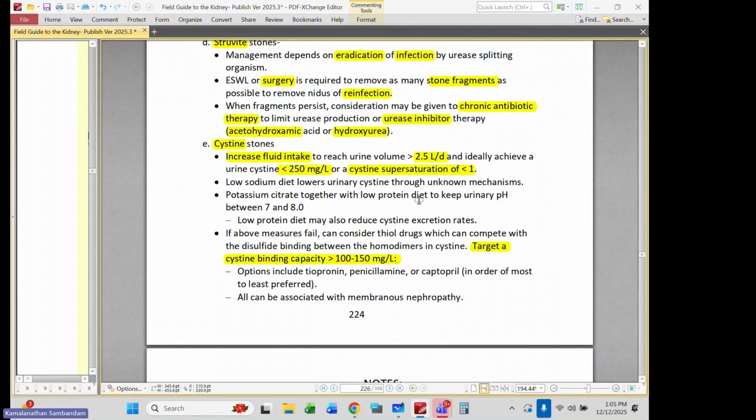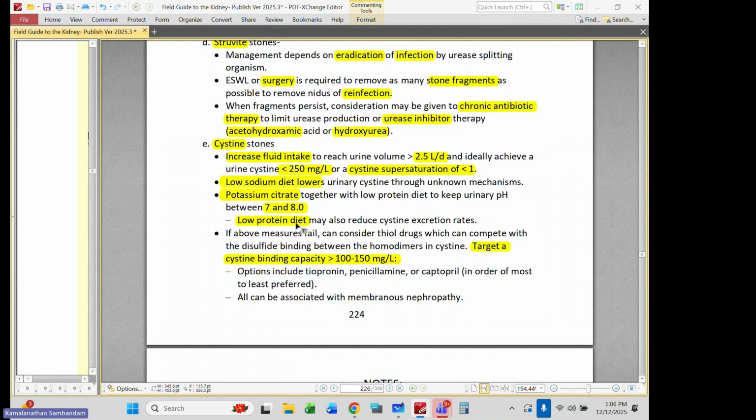Okay, so you can send that urine study in patients as a measure of success in your cystinuric patients. Low sodium diet again reduces cystine excretion rates. Potassium citrate makes the urine more alkaline, which makes the cystine more soluble. Low protein diet reduces the cystine excretion rates, right?